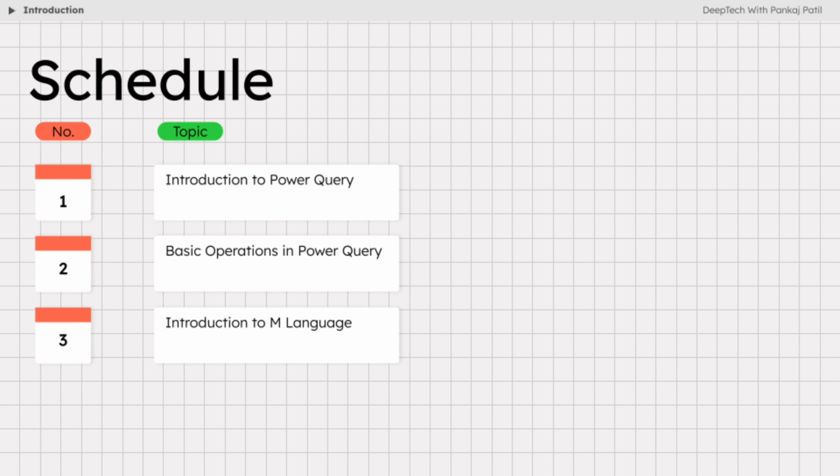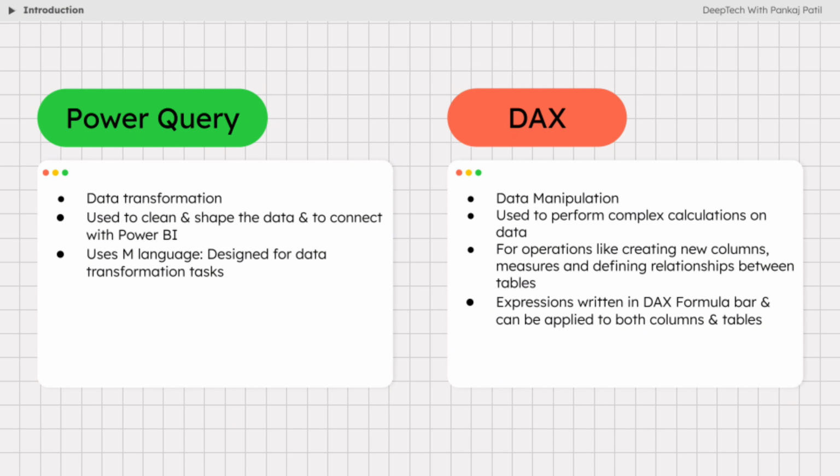In the second part we will be going into the basic operations which can be done with Power Query. And in the third part we will look at the M language and how we can write programs with M language. So let's start by comparing the difference between Power Query and DAX.